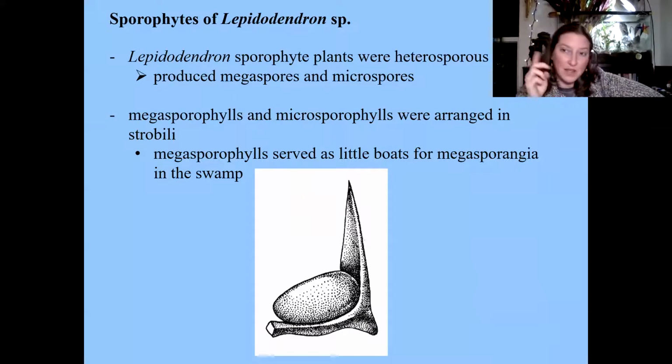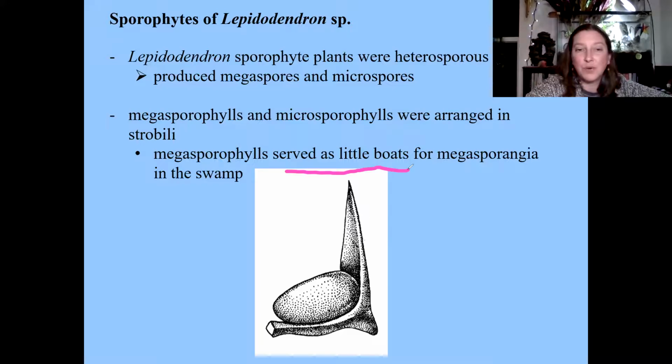Interestingly, this extinct lycopod was similar to Selaginella in that it was heterosporous, so it had megaspores and microspores, and the leaves were arranged in strobili, as I already said. And what was cool is the megasporophylls, or the leaves that would bear the megasporangia, actually served as little boats.